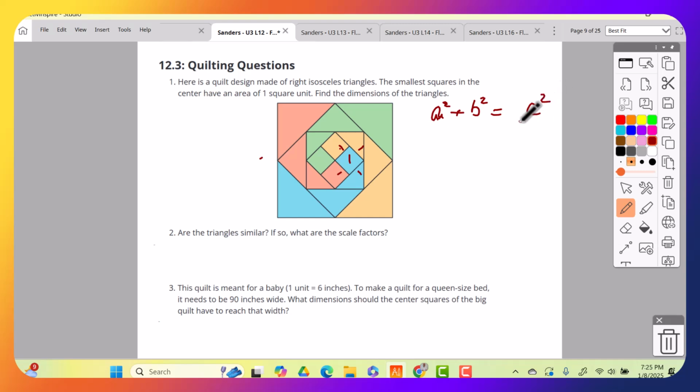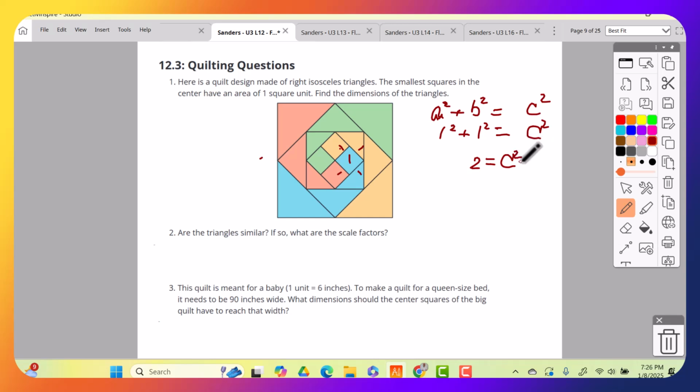And here we have 1 squared plus 1 squared is equal to C squared. Well, 1 squared is 1 and 1 squared is 1. So this is 2 is equal to C squared.